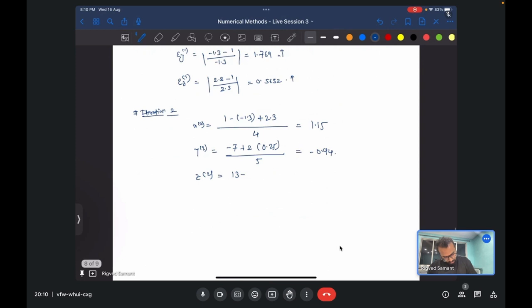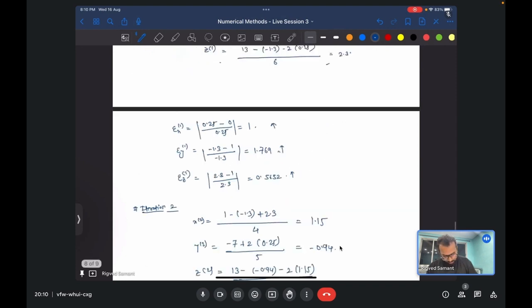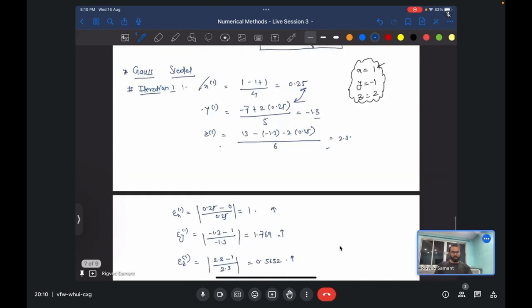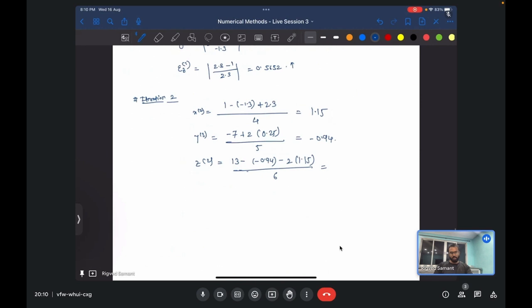Y we have minus 0.94, minus 2 into x, which is 1.15, divided by 6, right? Here 6. So what is the value here? 2.71.